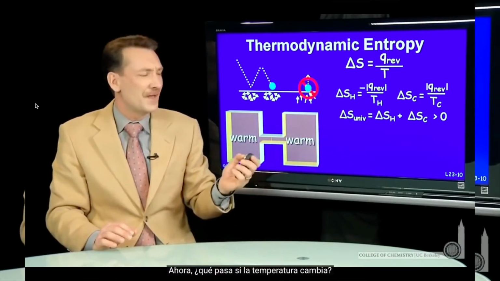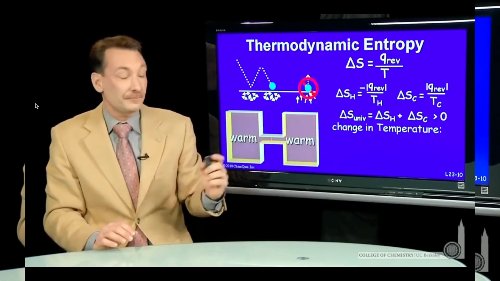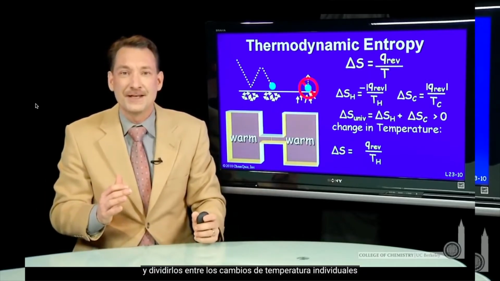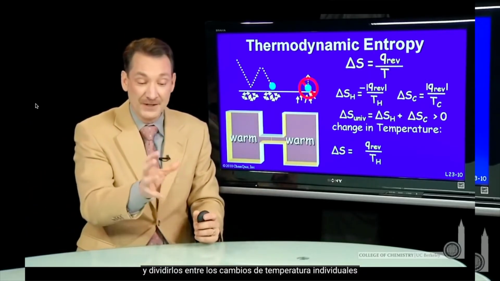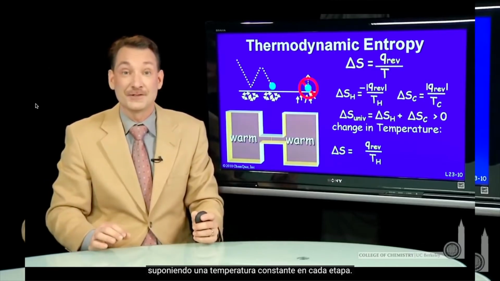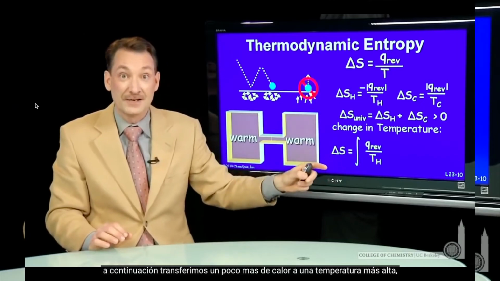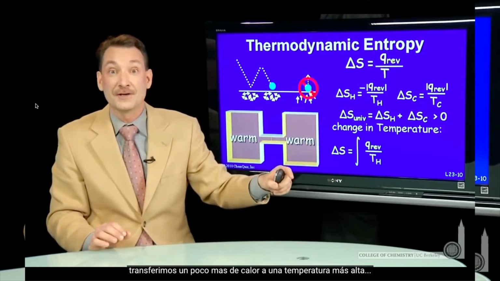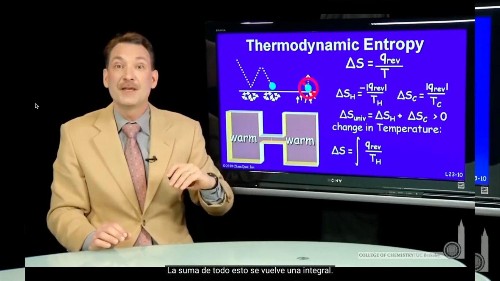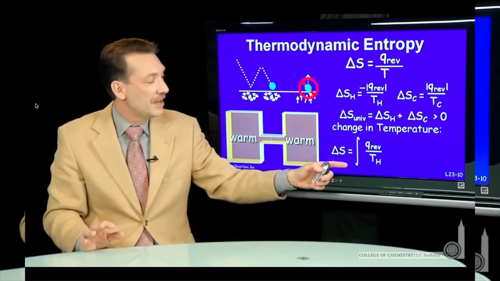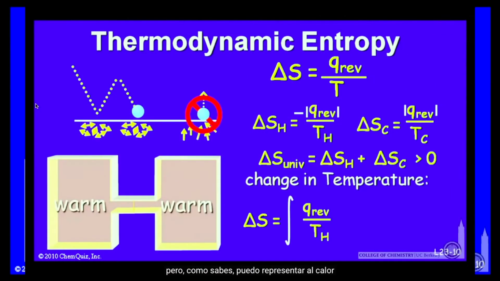Now, what if the temperature changes? Well, we can simply divide it into tiny steps and add up all the individual entropy changes at constant temperatures. We transfer a little heat at one temperature, then a little more heat at a higher temperature, and a little more at a higher temperature. The sum of all those becomes an integral. Now, we're not going to do any integral calculations in this course, but you may know I can represent the heat as the heat capacity times the change in temperature.